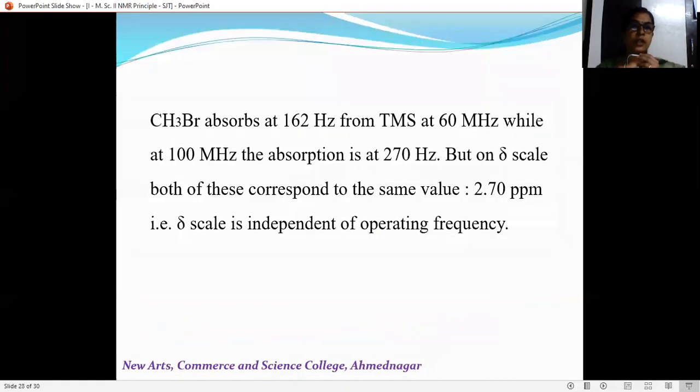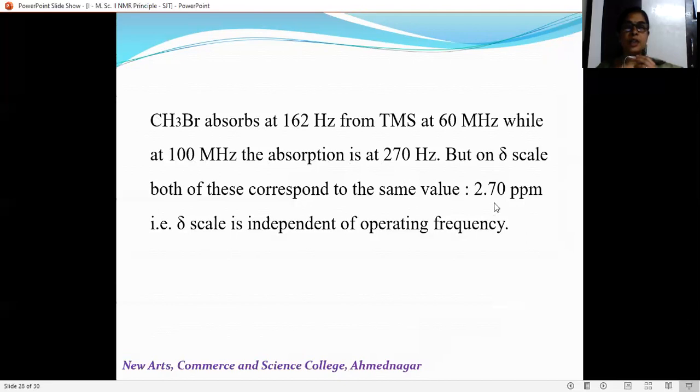Then let us consider one example, methyl bromide. It absorbs at 162 Hz from TMS on a 60 MHz machine, while at 100 MHz it absorbs at a 270 Hz value. That is, on two different machines, the same compound shows two different absorption frequencies. So it becomes difficult to record or remember the same compound on different machines.